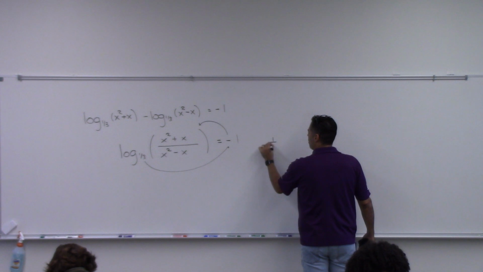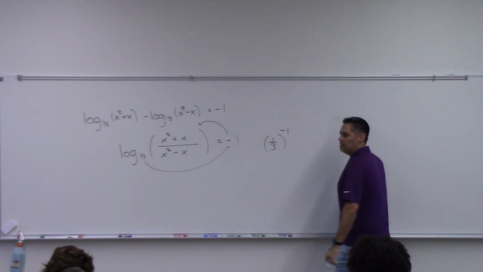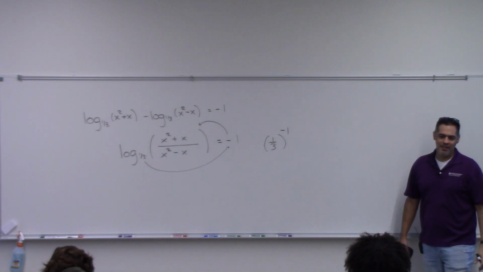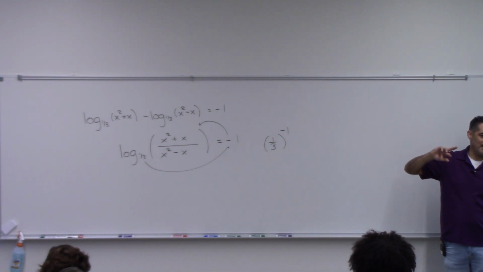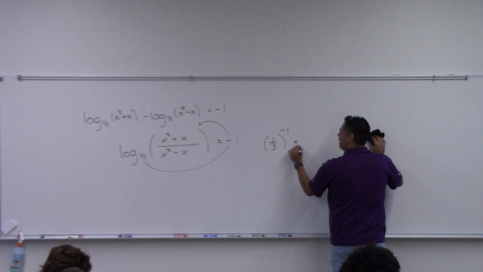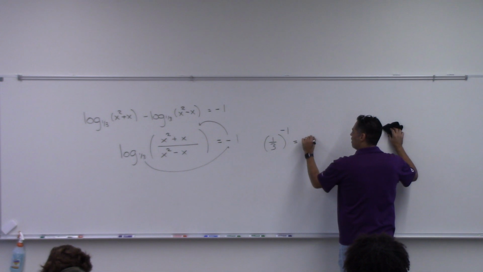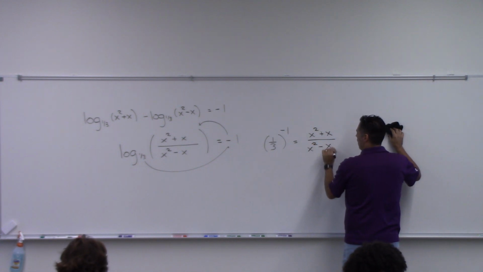This is 1/3 to the what? -1, which is just a 3. Because any fraction to a negative power just flips it, right? -1 flips it. But we'll deal with that in a second. Equals what? x squared plus x over x squared minus x.